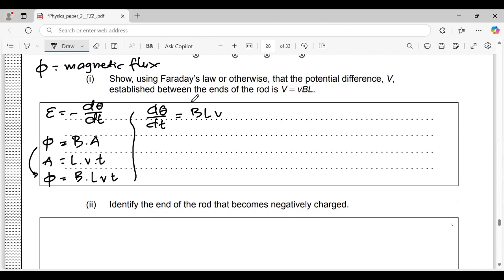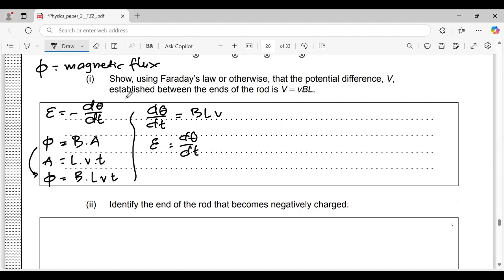The EMF, the epsilon, equals minus d phi over dt.